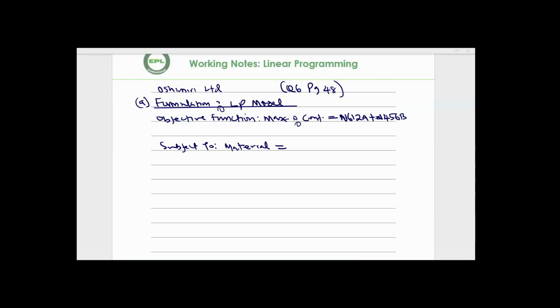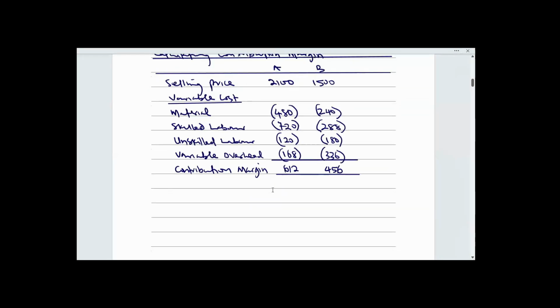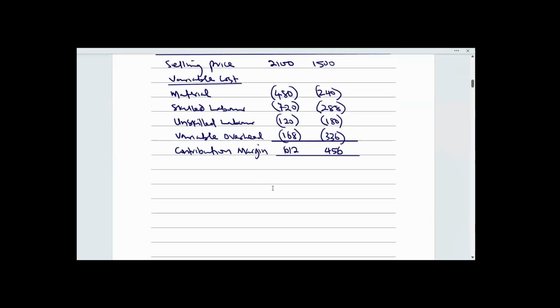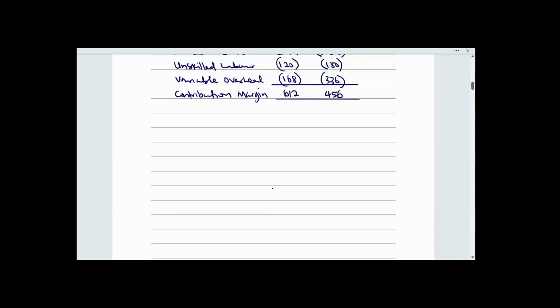We need to determine factor of production per unit. To achieve this, I will calculate material kilogram. You don't use material cost; rather, it has to be material kilogram. You don't use labor cost; it has to be labor hour. Therefore, I need to calculate material kilogram per unit.